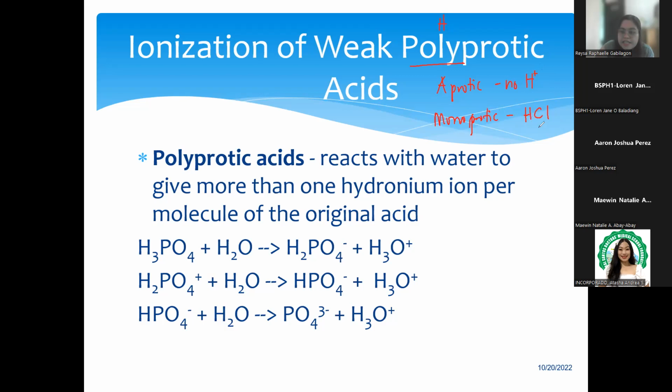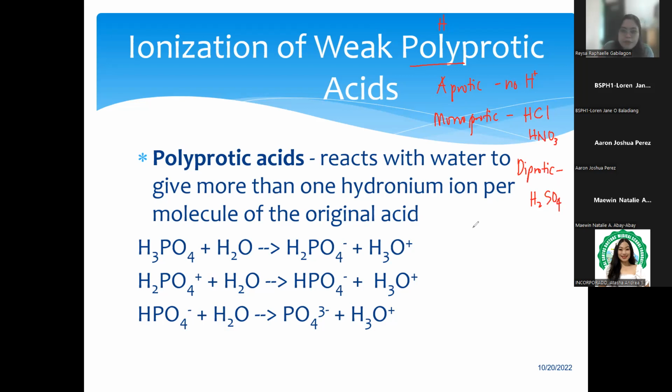Meron siyang isang hydrogen. And another one, nitric acid, isang hydrogen din. And then pag diprotic, syempre, tatlo. Ay, tatlo. Dalawa. Phosphoric acid tinignan ko. Diprotic is dalawa. So example of this is sulfuric acid. Okay, you have H2SO4. Dalawang hydrogen yan siya.